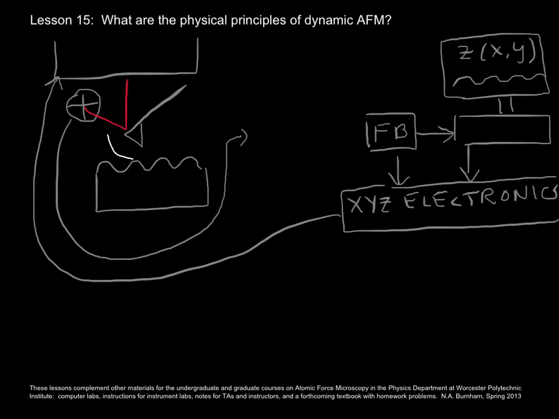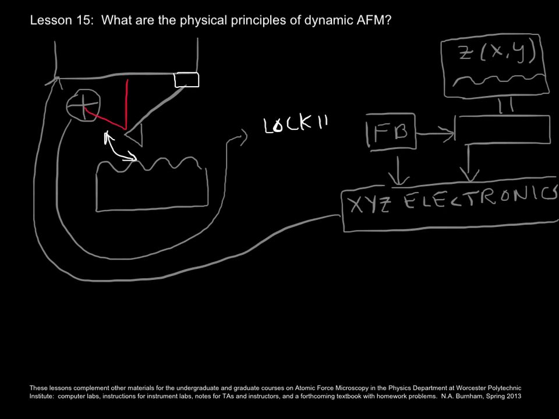You can oscillate the cantilever, and that's done by means of placing a piezoelectric element at the base of the cantilever. The photodiode records those oscillations, and now we need a new circuit element.